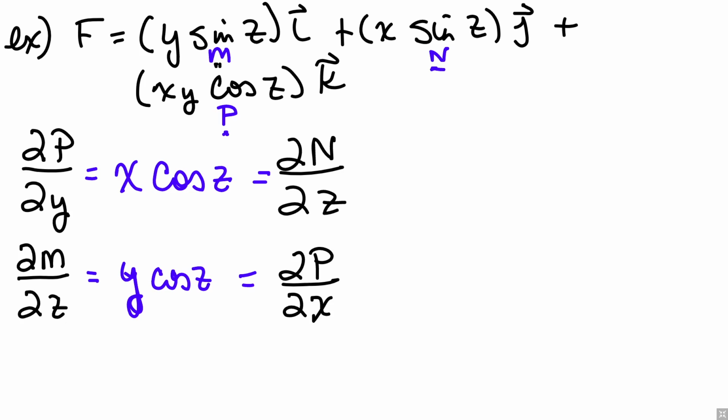Okay. All right, so the final check that we have to do, we have to check the partial of N with respect to x and compare it to the partial of M with respect to y. So what's the partial of N with respect to x?